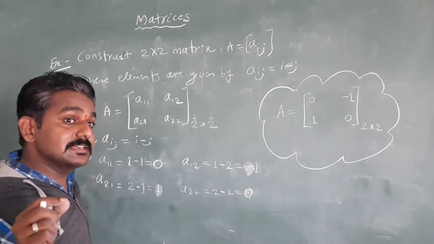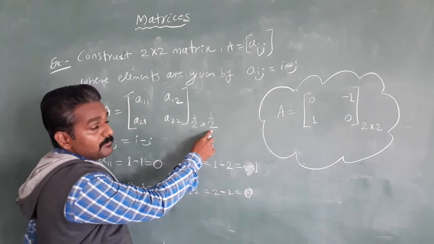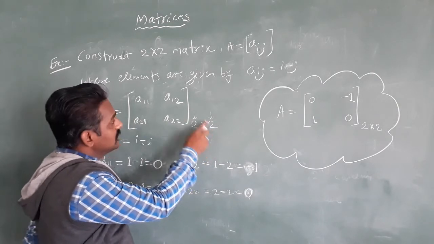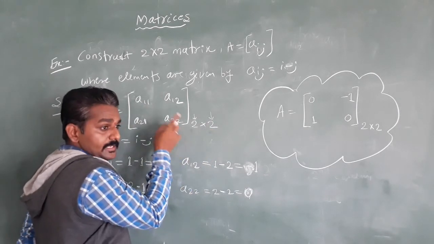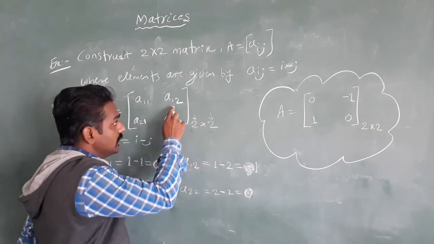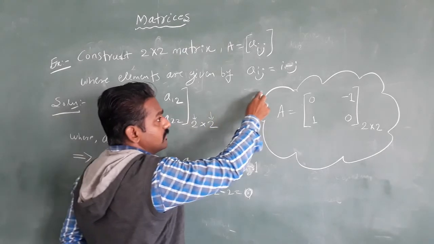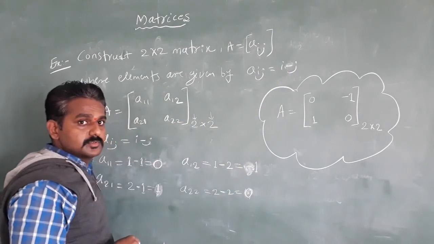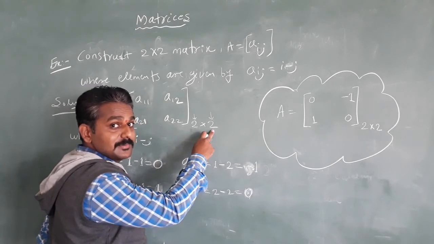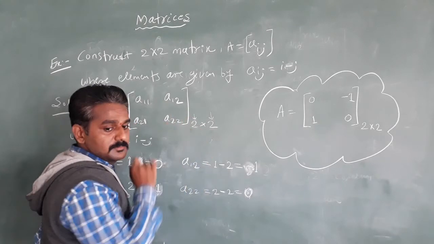That you can recognize by the number of columns. Got the point? 2 rows are there. In each row, how many elements do you have to write? A12, A13, A14, A15, and so on. Where do you have to stop? That is denoted by the number of columns.